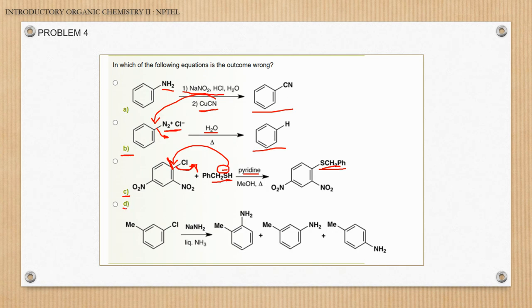So coming to option number D. In option D, here they have used sodamide. See, now there is a possibility that it will abstract a proton from the ring. So which proton? Here is a possibility and here is a possibility, right? Two protons are there to generate the benzyne. Benzyne can be generated either way, here or here. So they have given you three outcomes.